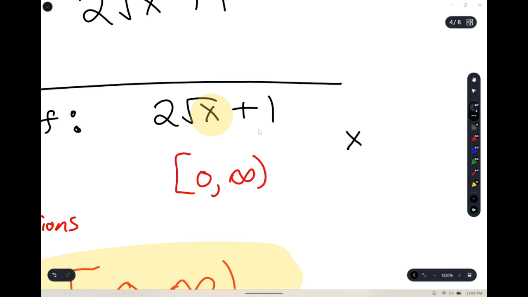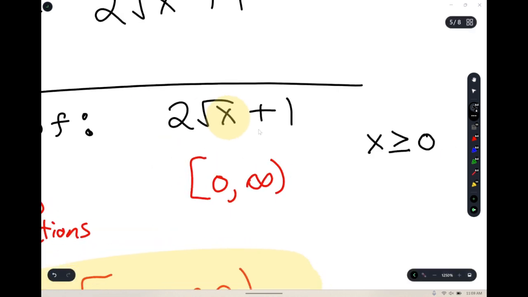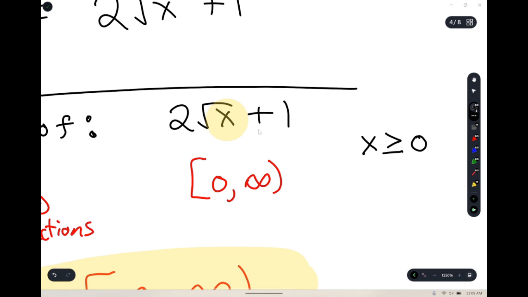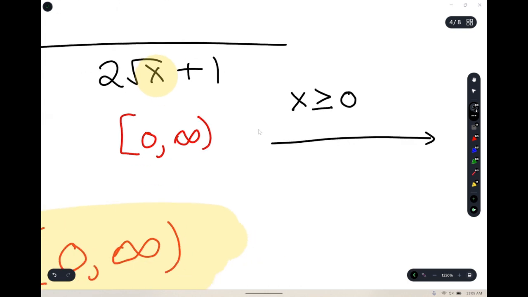And said that x has to be bigger than or equal to 0. If you don't like it, try the three points around it. Try -1. You're going to get an imaginary number. Try 0. You're going to be fine. Try 1. You're going to be fine. So it's kind of this idea right there.